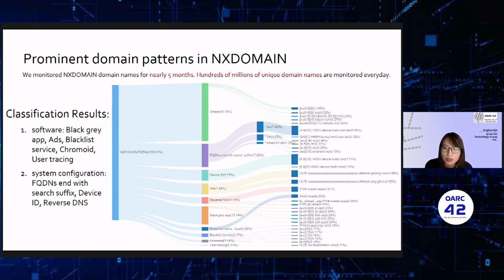On the software side, we are talking about things like prompts, advertisements, user tracking, black or gray applications, blacklist services, and others. Configuration-wise, we have things such as device ID, reverse DNS, and FQDN ending with a search suffix. We can see that there are also 42% of domains that are not tagged. They don't have much in common in their patterns.